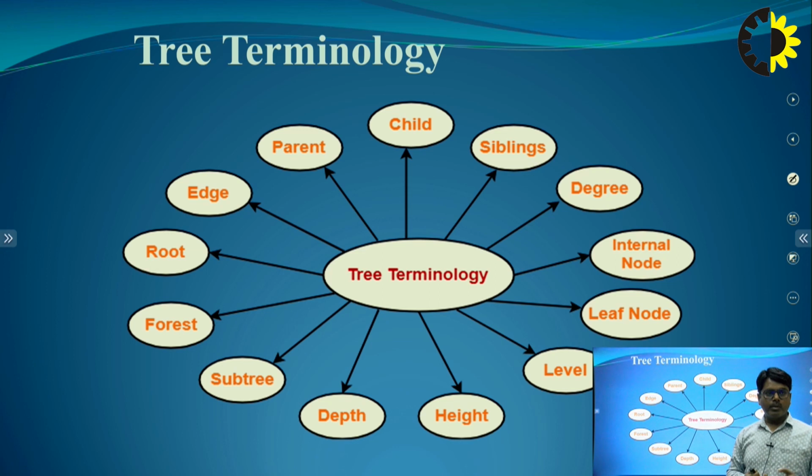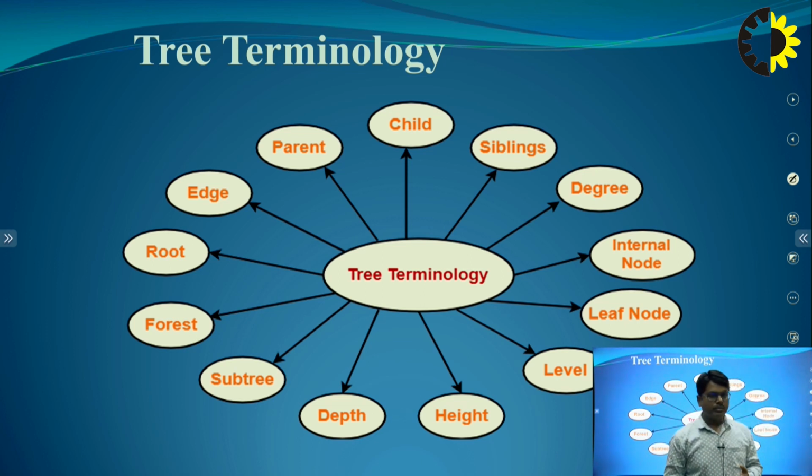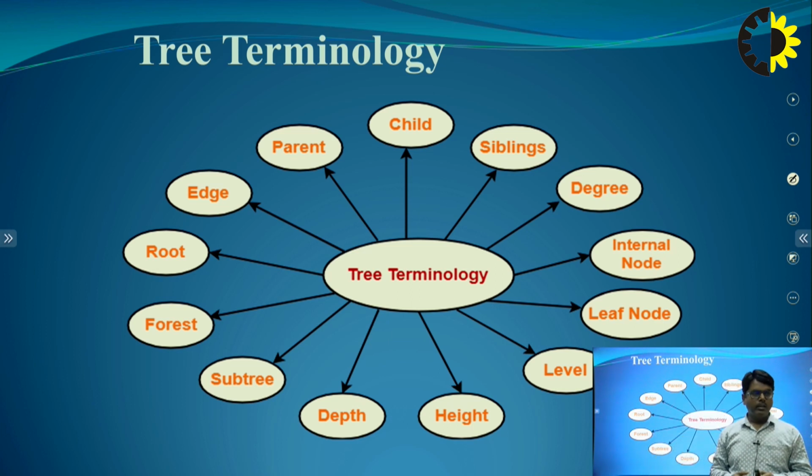The terms are child, parent, siblings, degree. As you can see in the figure itself, edge, root, forest, subtree, depth, height, and further leaf node, label, internal nodes, and degree. Now I will explain what exactly this terminology holds and the purpose of introducing it.